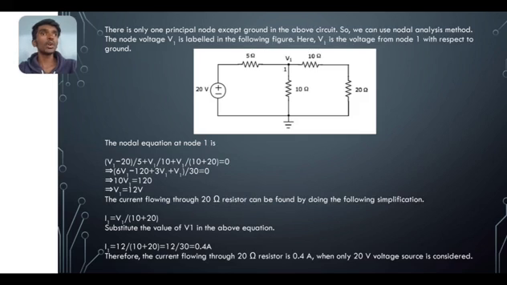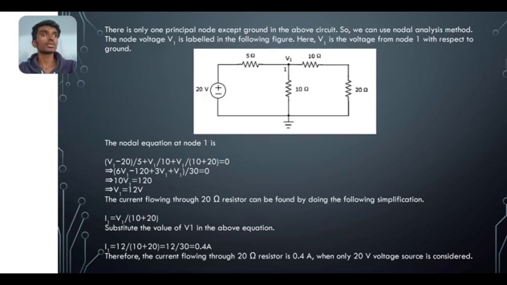There is only one principal node except ground in the above circuit, so we can use the nodal analysis method. The node voltage V1 is labeled in the following figure. Here, V1 is the voltage at node 1 with respect to ground.